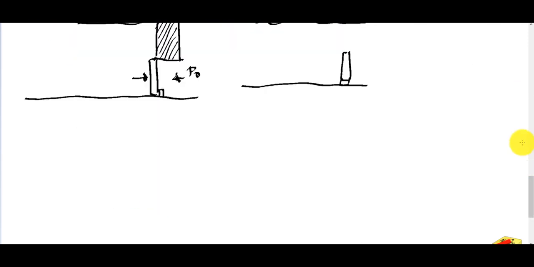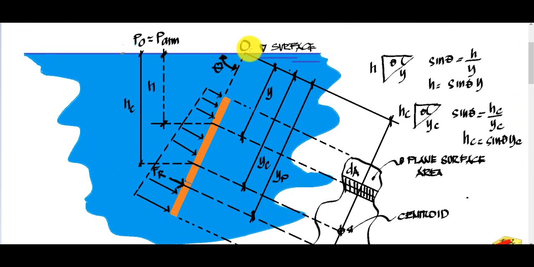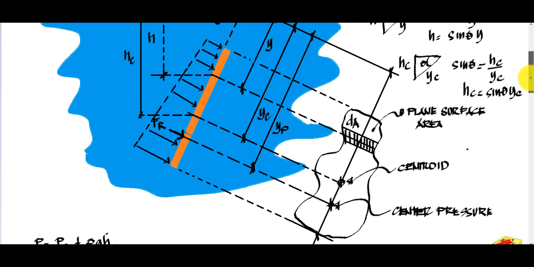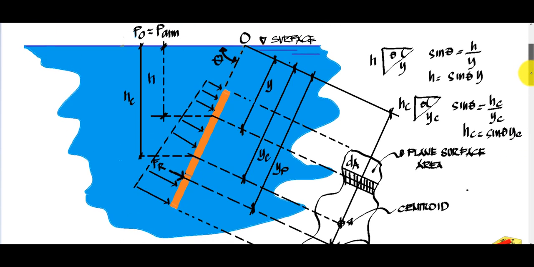So taking the moment from O, going back to the figure, we have your moment from O here. That will be the distance of Yp. So rewriting that, we have your Yp multiplied by the resultant force.